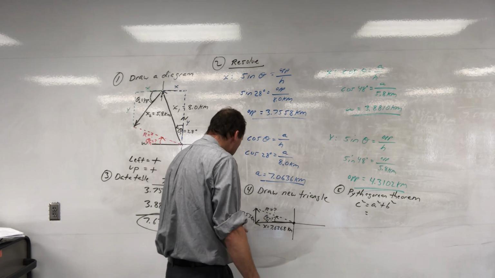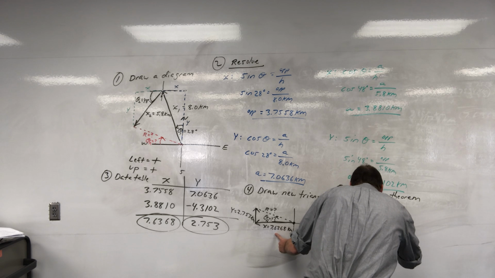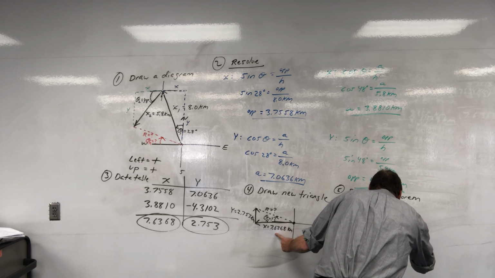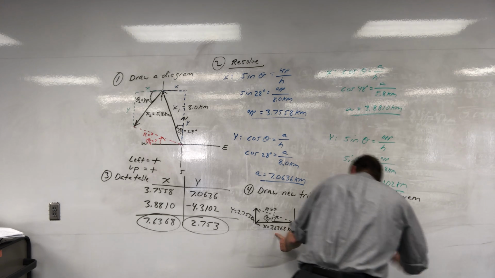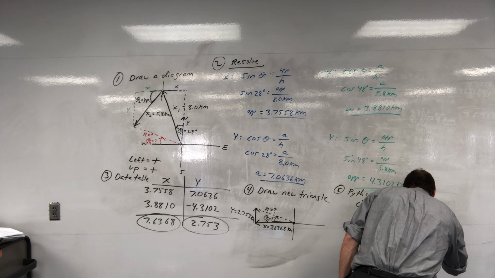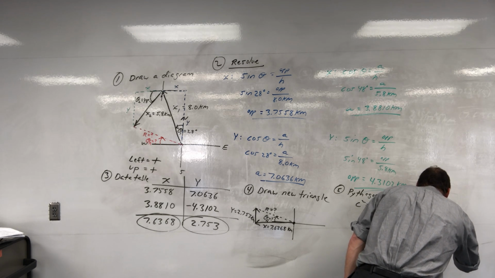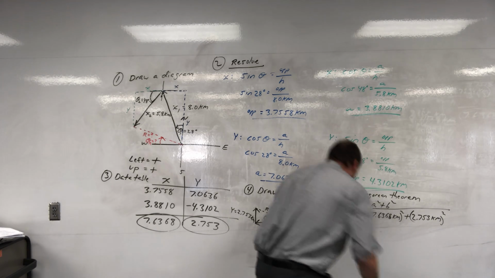That's the hypotenuse. So I'll make a the x component, 7.6368 kilometers. Square it, plus 2.753 kilometers, and I'll square it. Take the square root.